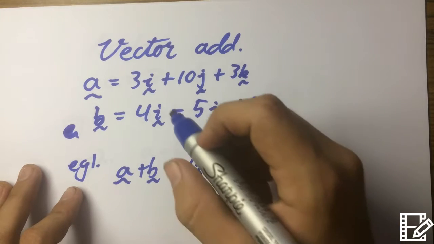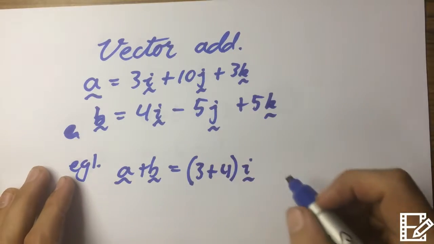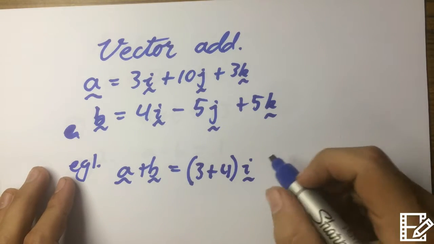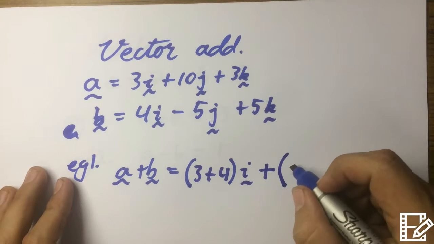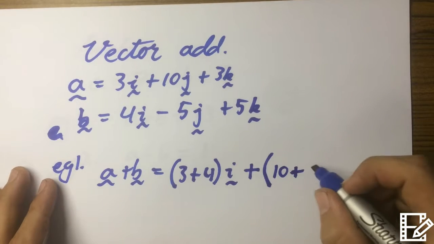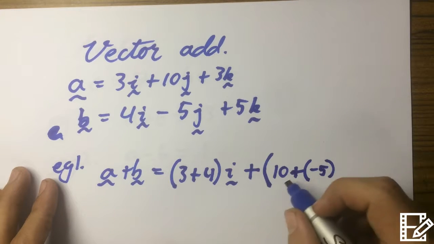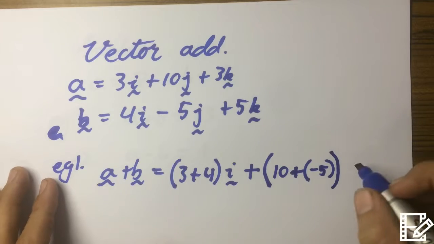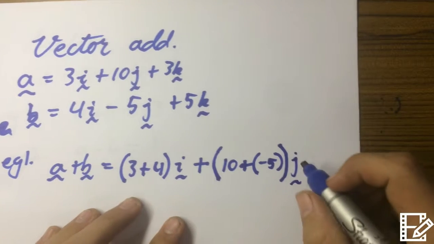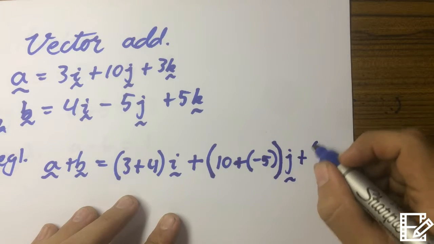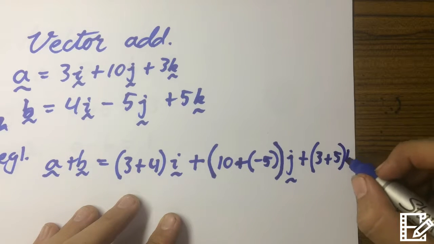Same for the j components: we put an addition, and then we have 10, and then we add this component, which is negative 5, which is the same as saying 10 take 5, but this is how I like to write it. And we've got to write the j, squiggle, and then plus 3 plus 5 in the k direction.